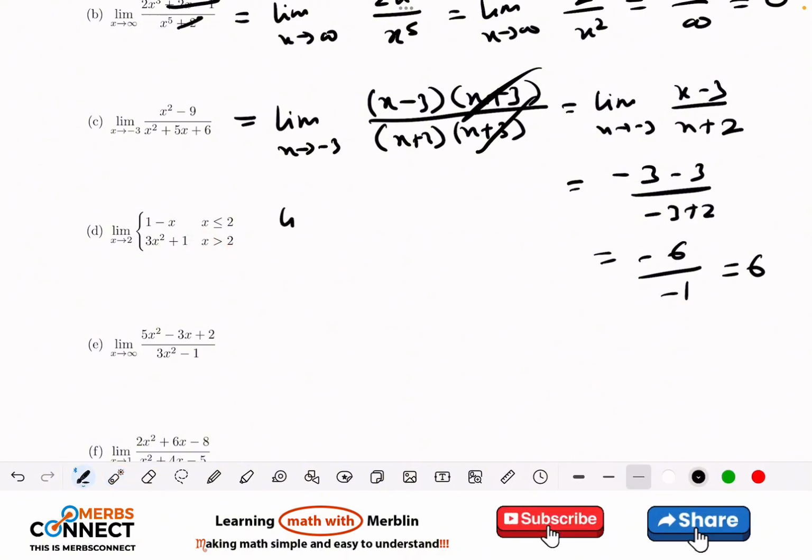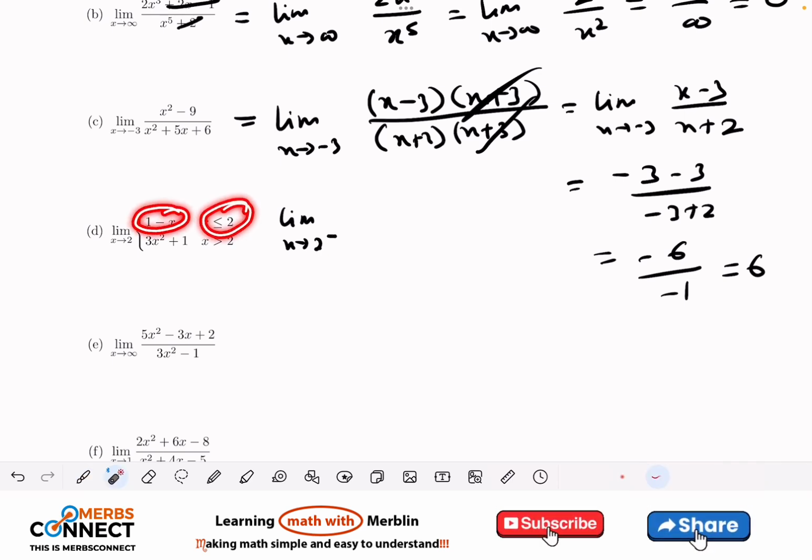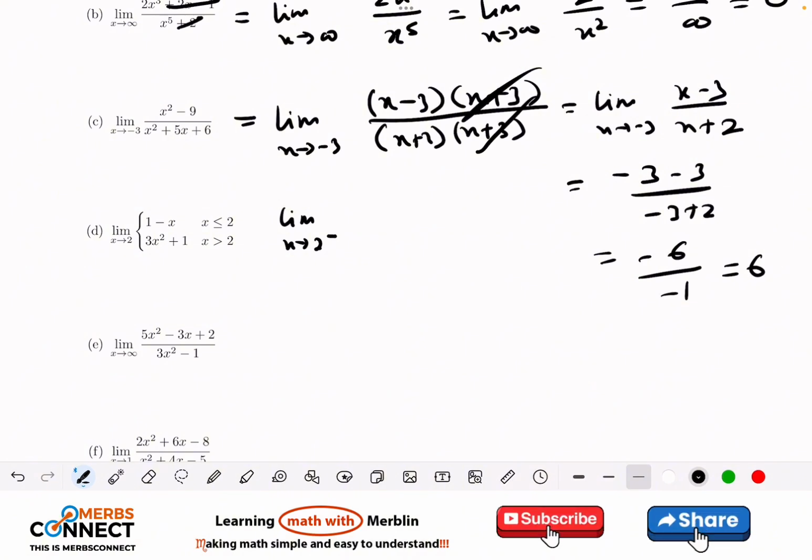So we need to pick the limit as x is approaching 2 from the left. And the left side function here is this. So we are going to have 1 minus x. Then we are just going to plug in the 2. This is just to show us that we are from the left. So we are going to have 1 minus 2, which is equal to -1.